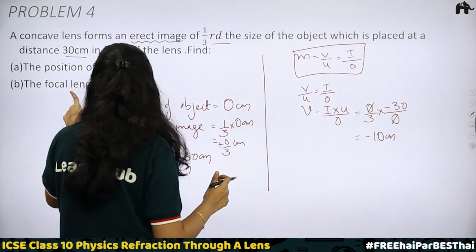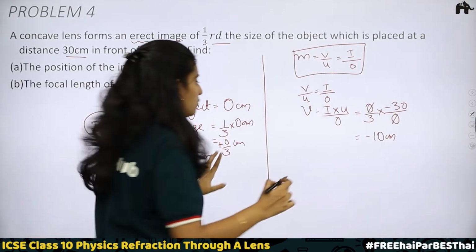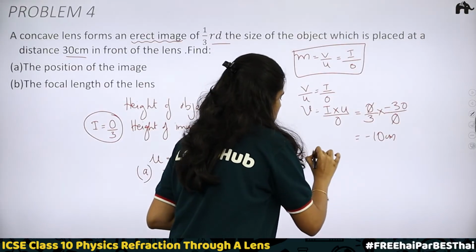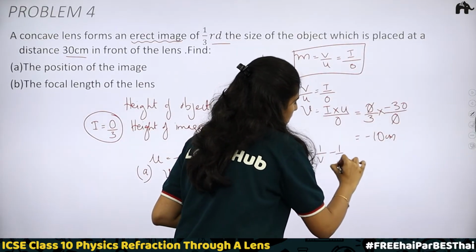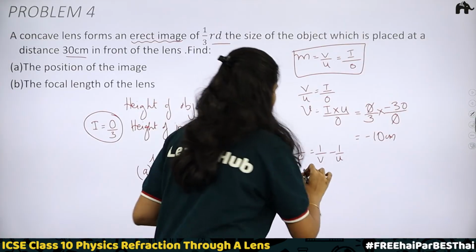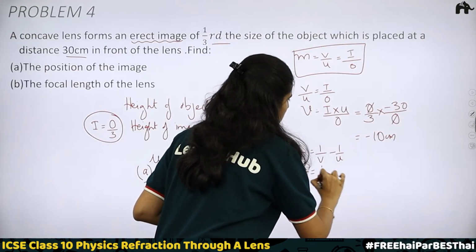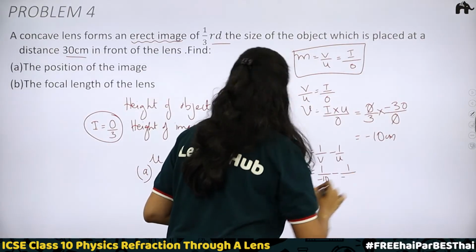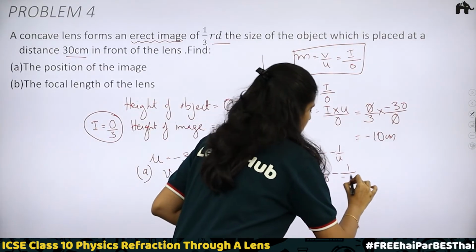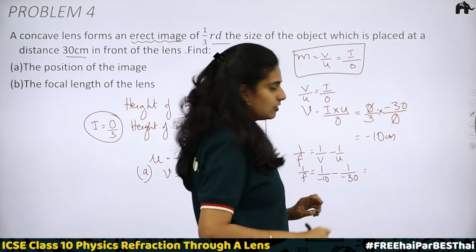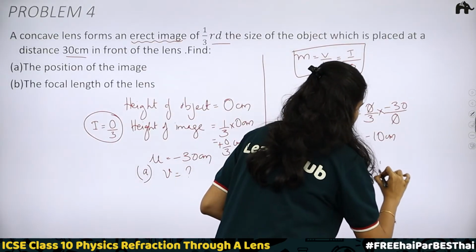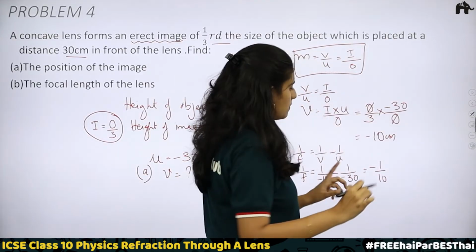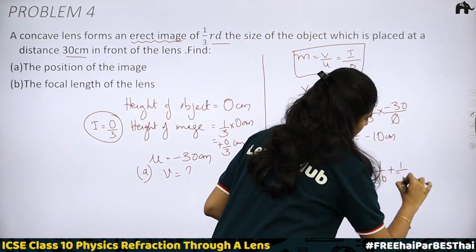Okay. We have to find the focal length of the lens. How to find focal length? 1 by F is equal to 1 by V minus 1 by U. Put the values. 1 by F is equal to 1 by minus 10 minus 1 by minus 30. Which is minus 1 by 10 minus of minus, plus 1 by 30.